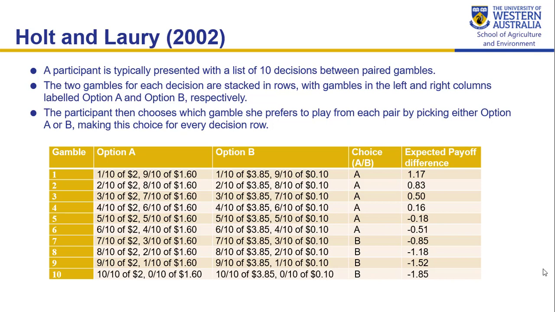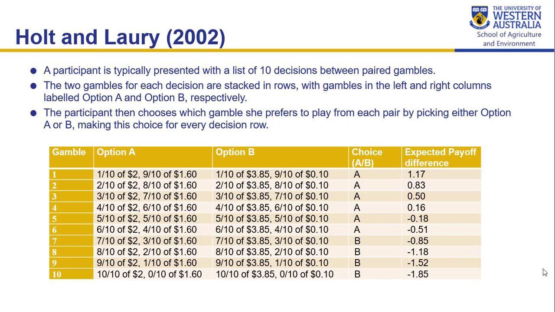The expected payoff differences reflect these changes in the probabilities. In gamble 1, option A has higher expected return, but starting from gamble 5, option B has higher expected return.